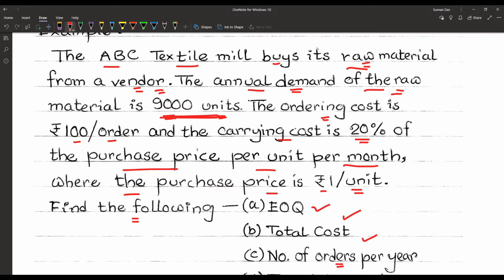That means the demand is uniform, and in the problem there is no limitation on the production. So that falls in the category of model 1A, that means the demand rate is uniform and the production rate is infinite. Let's proceed with the solution of the problem.